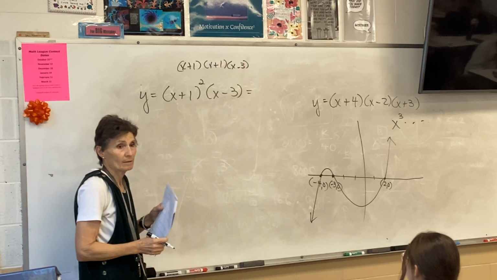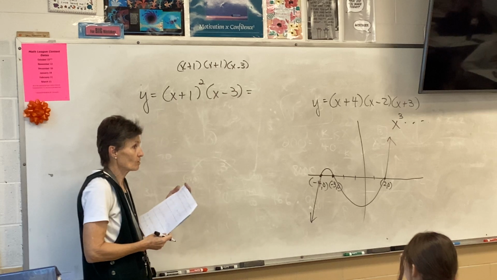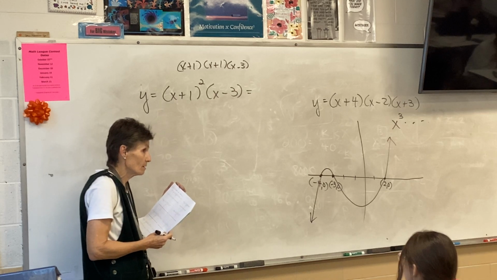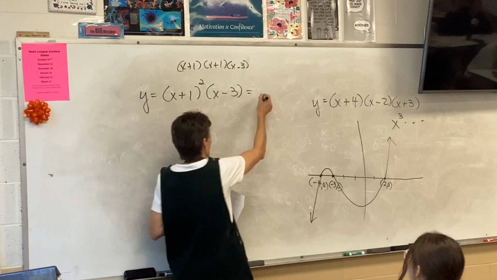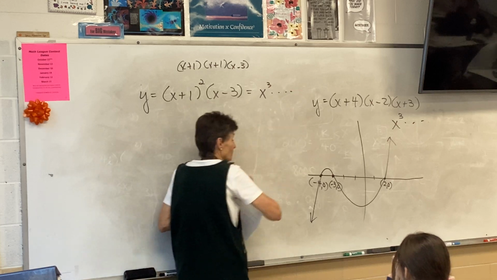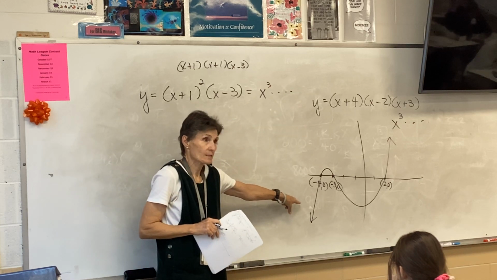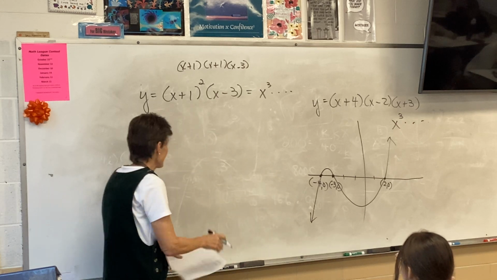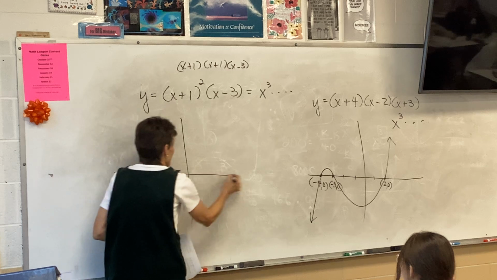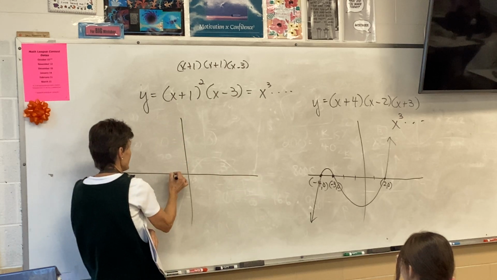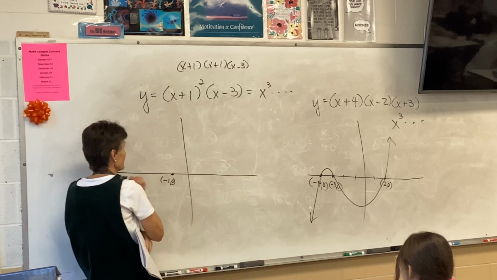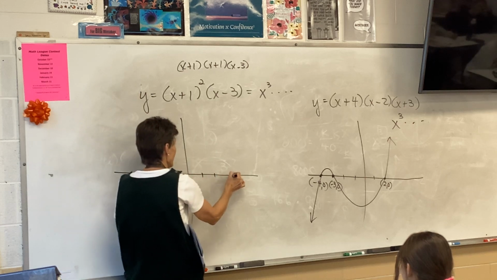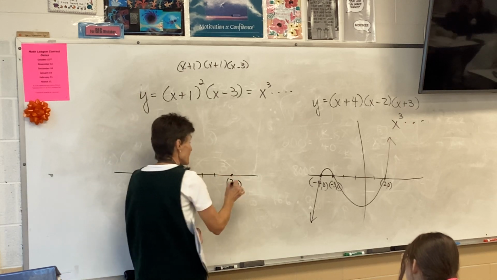X to the third. When you have x to the third, under 3 x's up there, this is another x to the third, which means it's gonna look just like that. Some variation of that, I should say. Now, what's the difference? I have an intercept at -1 and an intercept at 3, but that's it.